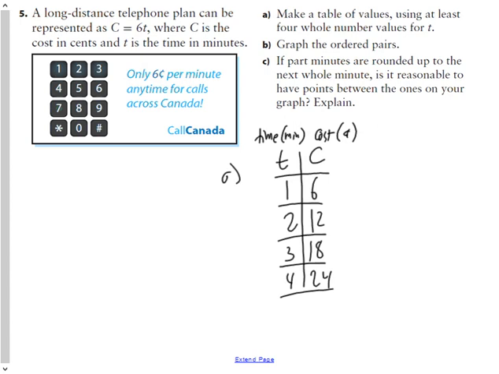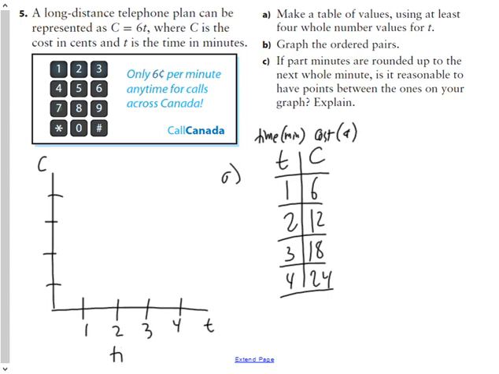Question B says graph the ordered pairs. If I graph it, down here I'm going to define this axis as T, and this axis as C. I'm going to put those labels in: 1 minute, 2 minutes, 3 minutes, 4, and say time in minutes.